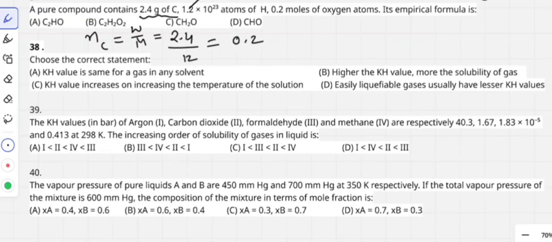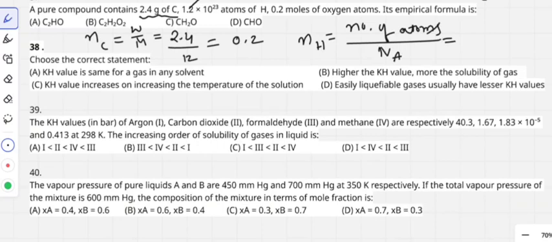Then I will calculate the number of moles of hydrogen. Number of moles of hydrogen is equal to the given number of atoms divided by Avogadro number.